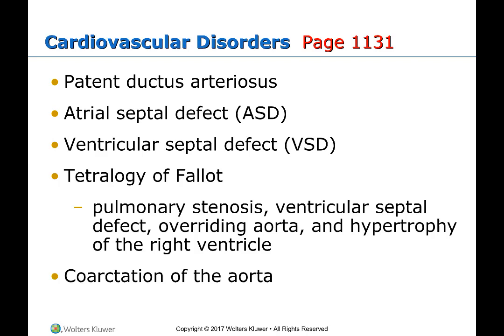So if there was something going on with the heart, basically they treat the baby symptomatically. So what does that mean? They're treating the symptoms. They are giving whatever needs to be given. So they could be giving some medications, and then also they may be doing surgery or several surgeries.